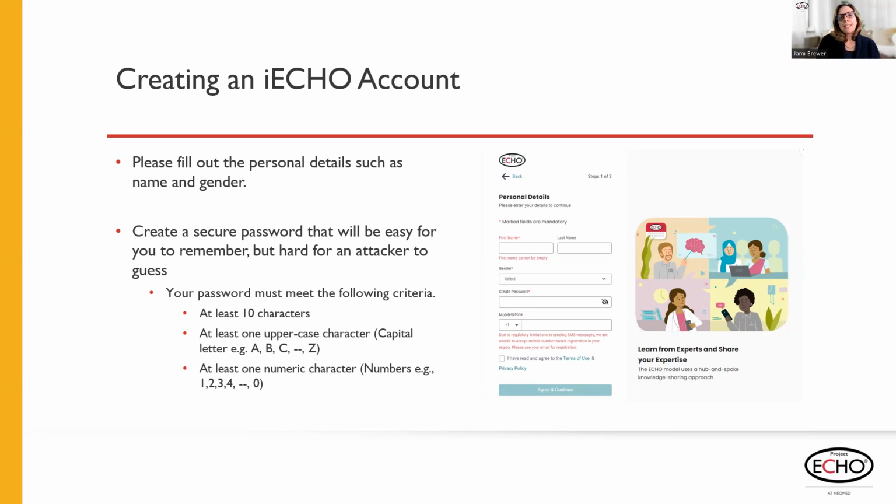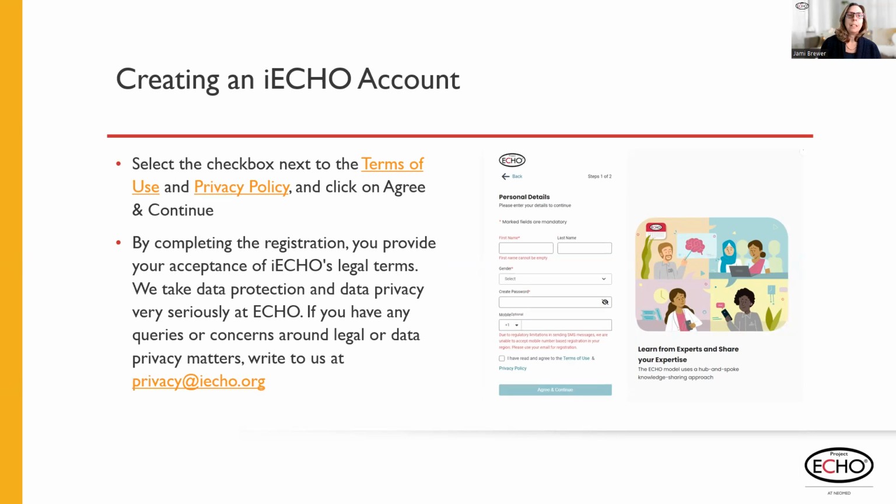And it has standard password criteria that you see on other platforms. You'll also have to check the terms of use and privacy policy. If you have any questions about that policy, you can use this email here provided on this slide for privacy@iecho.org.